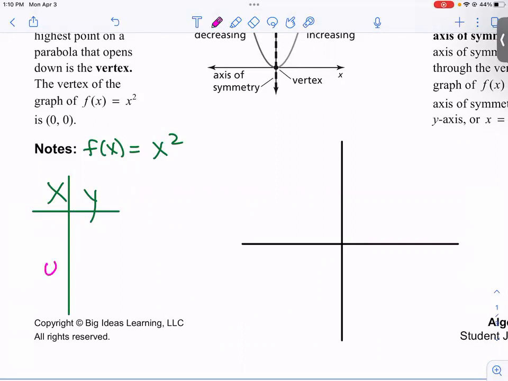When I plug in 0, what is 0 squared? 0. When I plug in 1, what is 1 squared? 1. What else squared is 1?